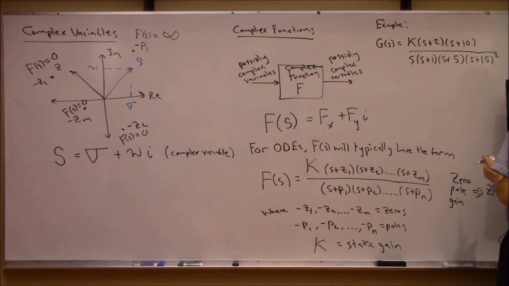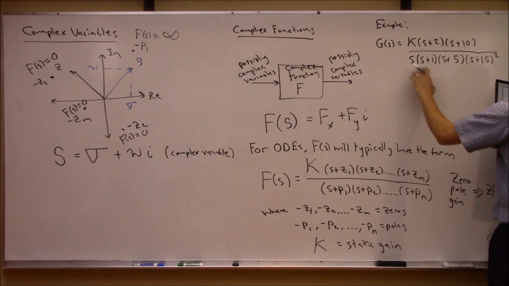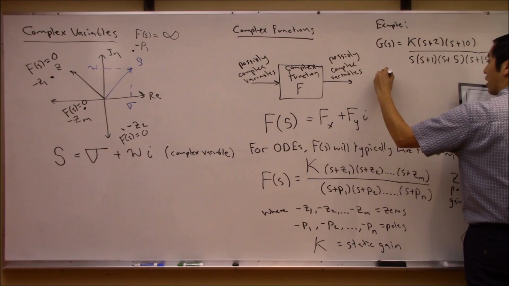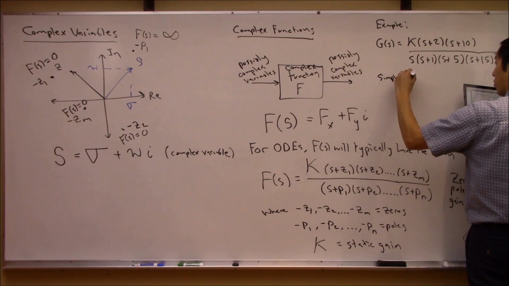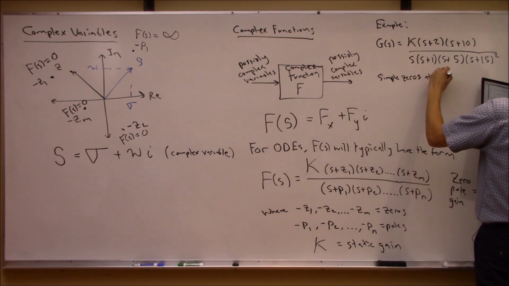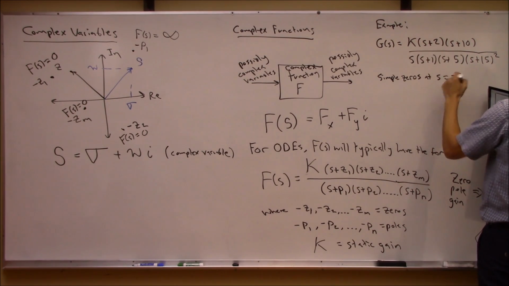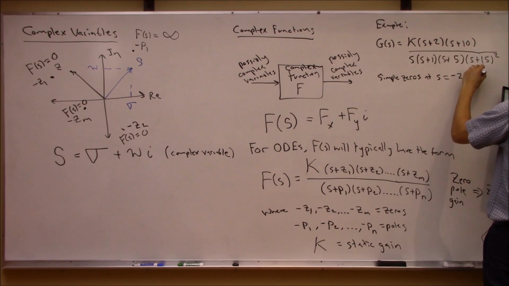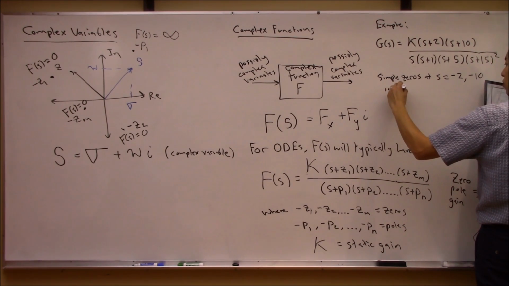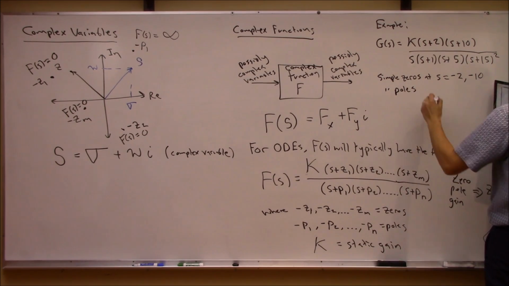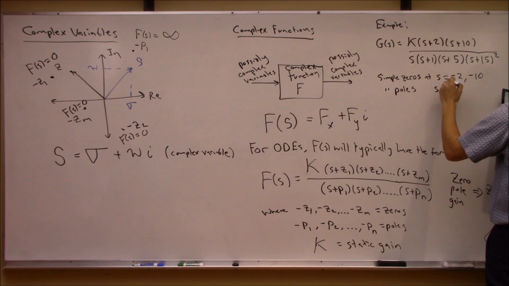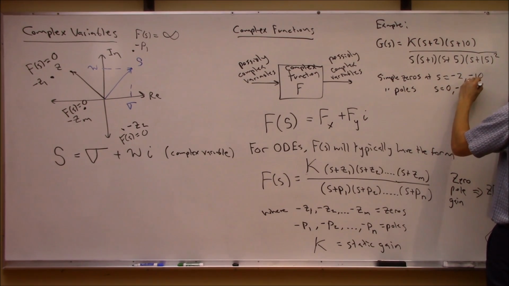Okay, so if we wanted to classify this in terms of zeros and poles, we would notice that there are simple zeros at s equal to negative 2 and s equal to negative 10. And there are simple poles at s equal to 0, right here, s equal to minus 1 and minus 5.